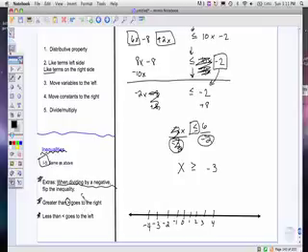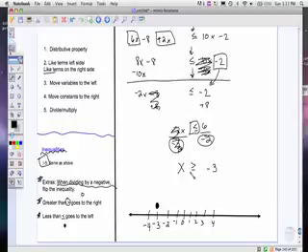Now, here's the thing. If you have just a regular inequality without the line underneath, it's going to be an open circle. If you have the line underneath it, it's going to be a closed circle. That means it's equal to it. So this says greater than or equal to. So at negative 3, we're going to fill in a closed dot.